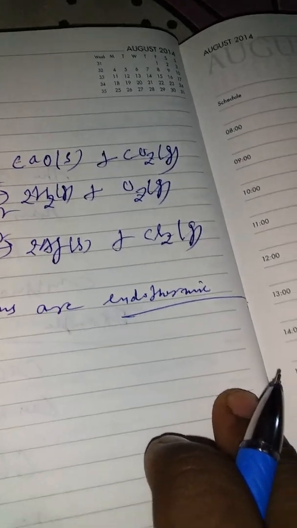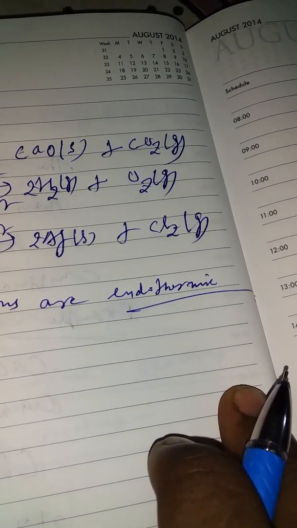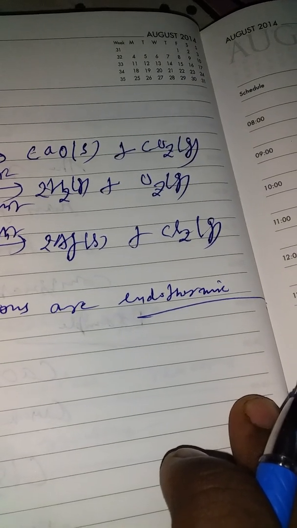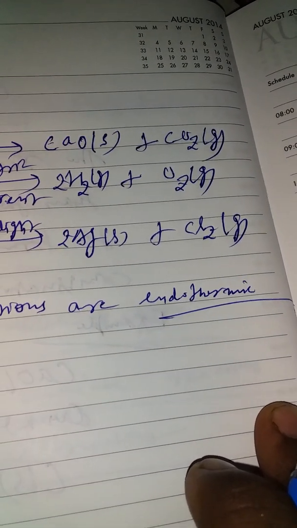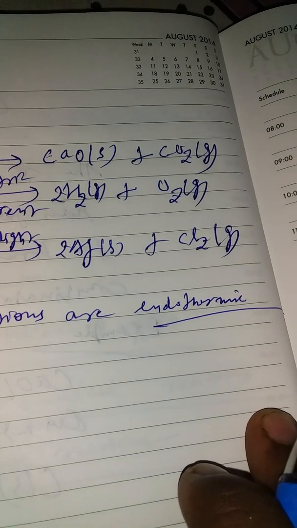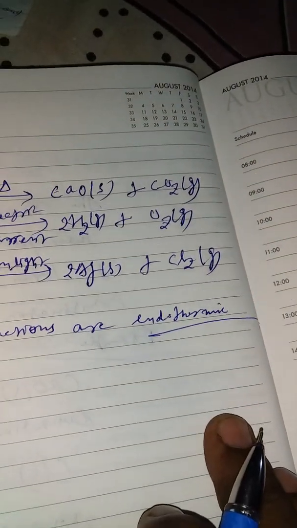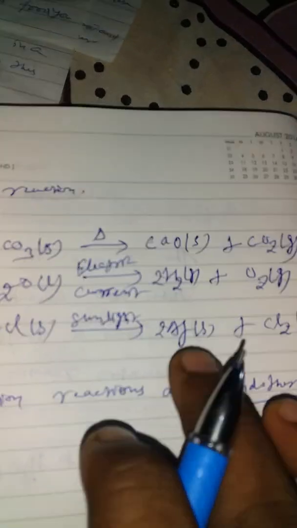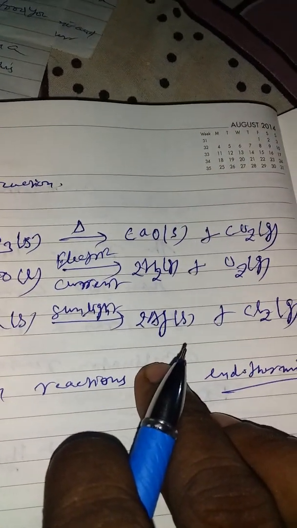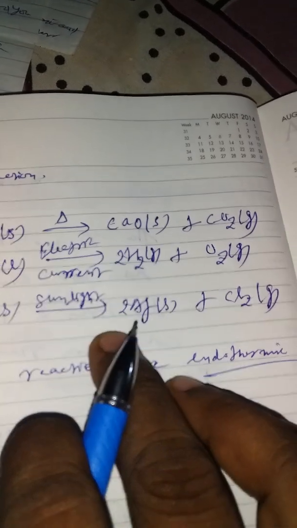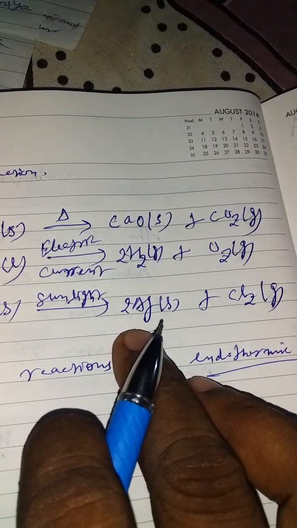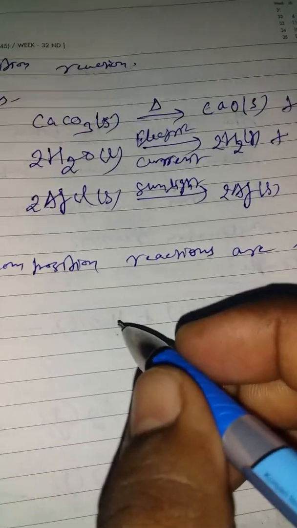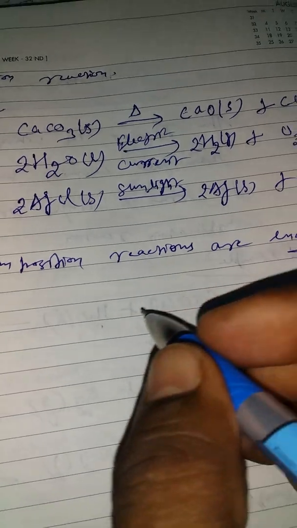About endothermic, we know that a type of chemical reaction in which heat is required is known as endothermic. Decomposition is possible in the form of heat, electric current and sunlight. Therefore decomposition reaction is divided into three parts.